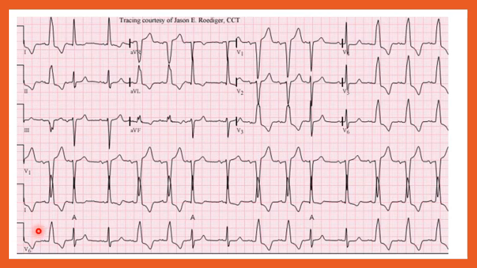Okay, so what rhythm is this patient in? It looks like the majority of the time, I don't have a lot to work with in terms of a rhythm strip, but the patient is in sinus rhythm, right? Here's a P and a QRS of a normal width, but look what happens here.